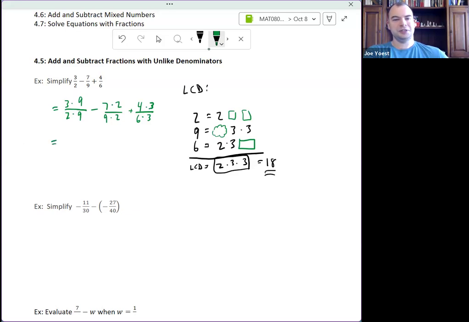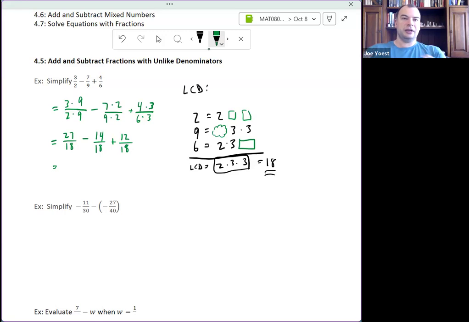Now I simplify each of these. 9 times 3 is 27 divided by 18, minus 14 eighteenths, plus 12 eighteenths. And now I'm in a situation where I have addition and subtraction of fractions with common denominators. All of my slices that I originally had, some of them were big slices like half a pizza, some of them were small slices like 1/9 of a pizza.